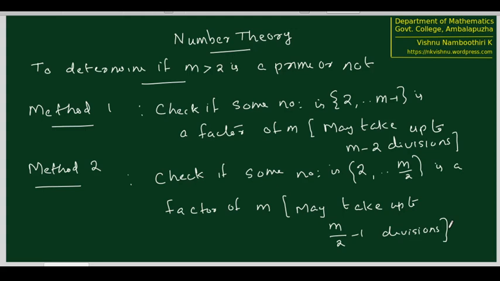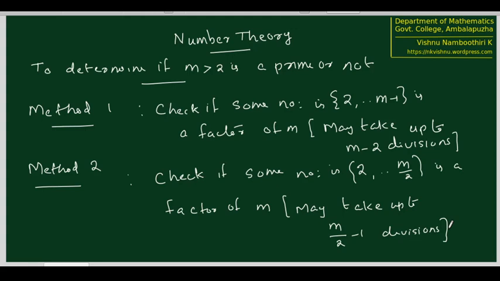In the next method, we slightly modified method 1, making it a little more efficient: instead of m minus 2 divisions, according to the second method, we need only m by 2 minus 1 divisions. Of course, if m by 2 is not an integer, we have to take the integer part of m by 2.